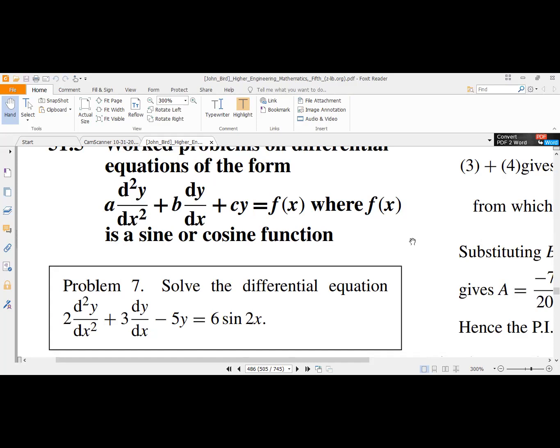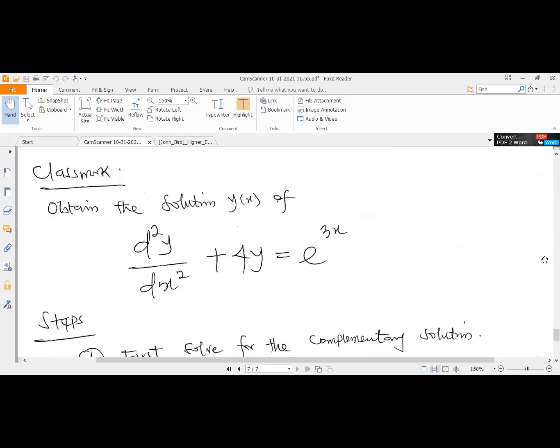If you solve the complementary solution, we have 3 cases, right? And in the case of complex roots, we are going to have sine and cos. Do you notice? Let me show you again.